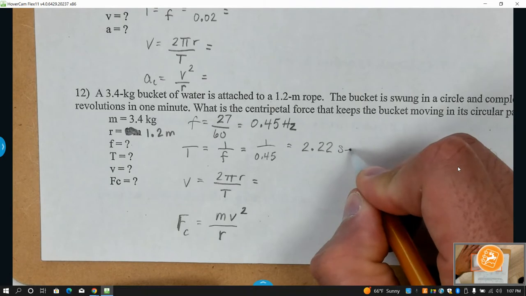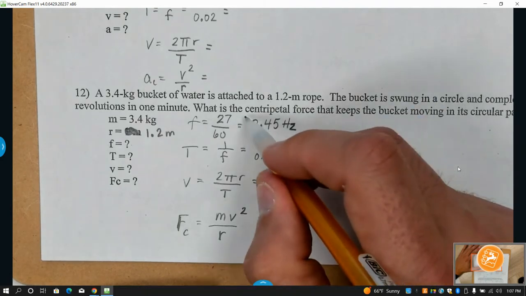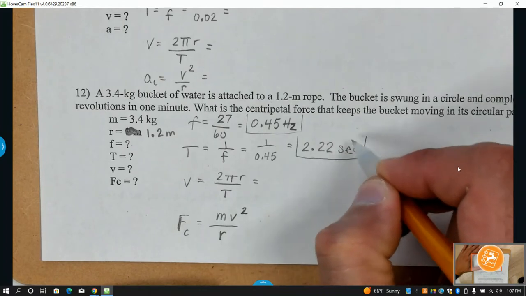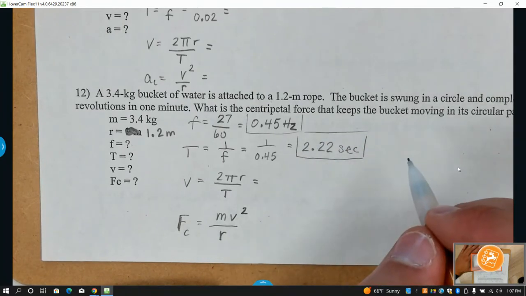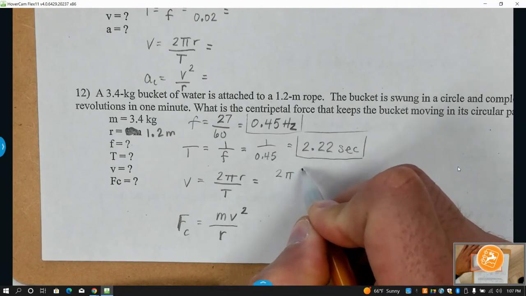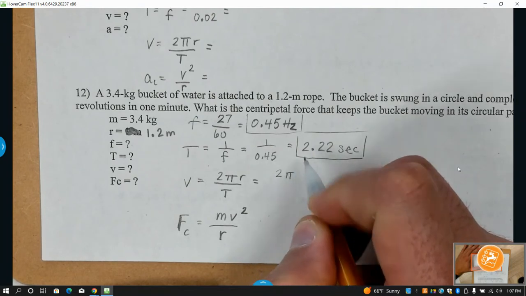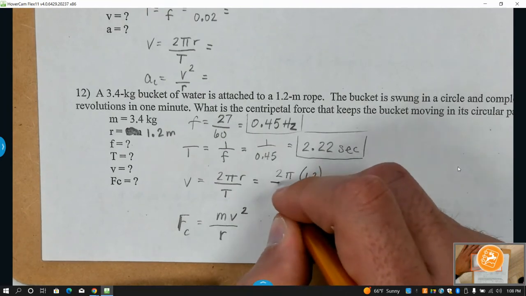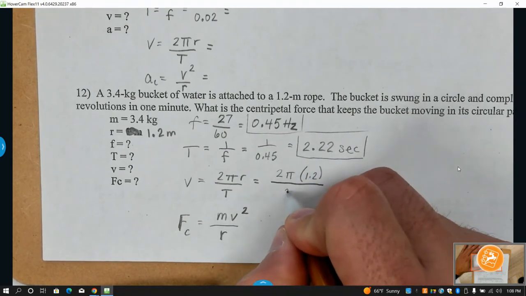The unit for this is the second. Okay, so first thing we did was find frequency, then we found the period. Now you have 2 pi times r. R was 1.2 over the period that you just found.